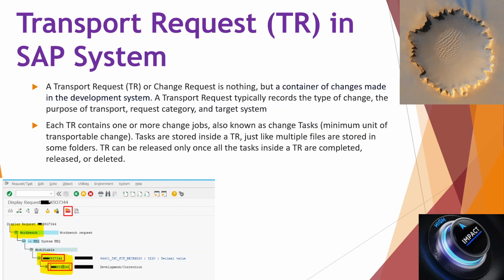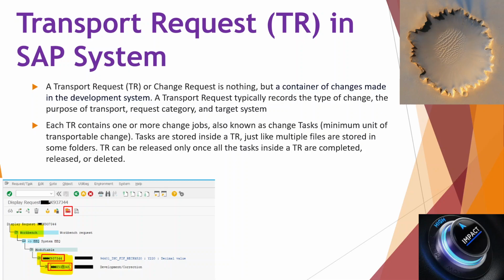So first, let us all understand what a TR or transport request is. I have attached one picture at the bottom, and I am sure most of you must have seen it in the system, whether it is a dummy or real. If you have created any kind of transport request in the system, you must have seen this screen as well.